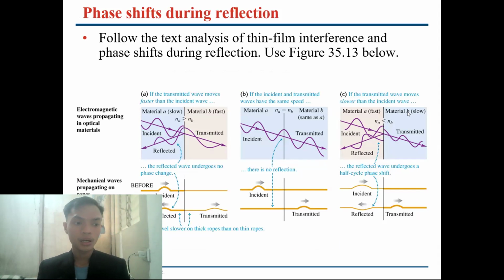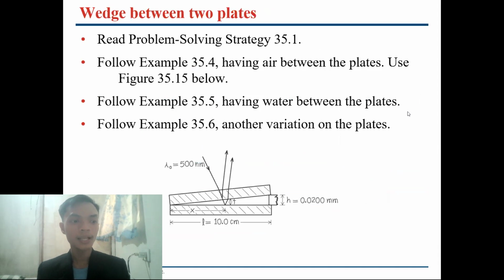There is no shift if reflection is from a faster medium, and a half cycle shift if from a slower medium. These shifts must be considered when analyzing thin film interference because they affect whether interference is constructive or destructive.